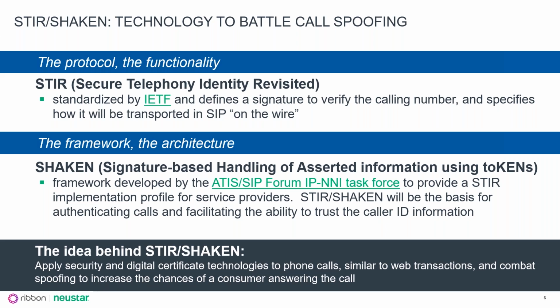The SHAKEN is really more the framework and an architecture that defines a profile or implementation for the service providers, and we'll get into more detail around that aspect of it, but it really forms the basis for end-to-end authenticating and verifying across traditional service carrier boundaries in the network.